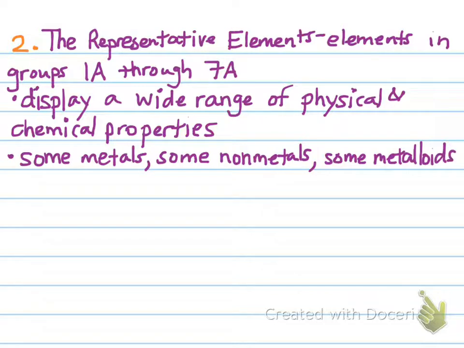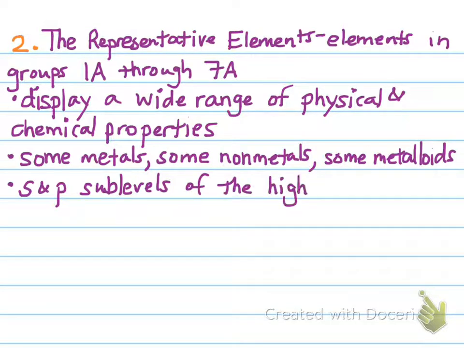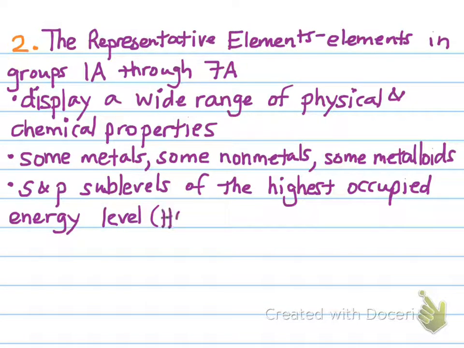And the characteristic that all of the representative elements are going to have in common is that their S and P sublevels of the highest occupied energy level, and again, we're going to write that a lot today, so we're going to start to abbreviate it HOEL, are not filled.